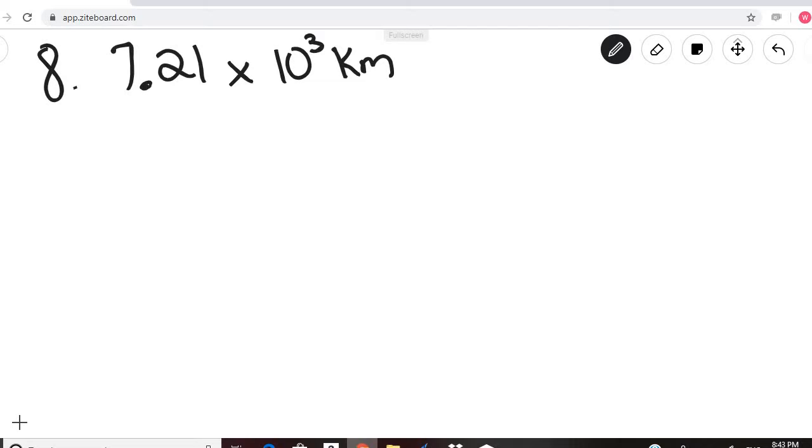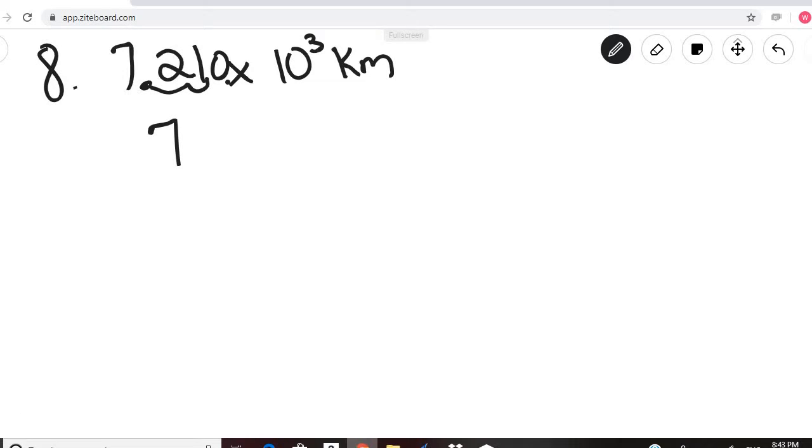Okay, so we want to convert that to decimal. So we are going to move the decimal place 3 places to the right. So it would be 1, 2, and then add a 0, it would be 3.